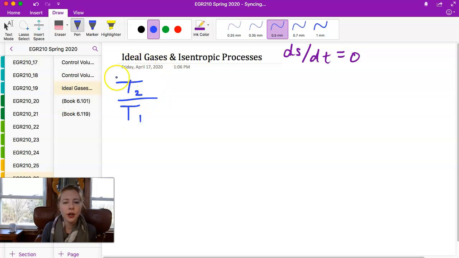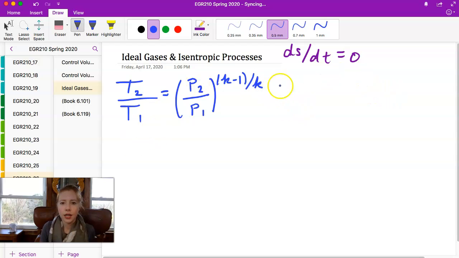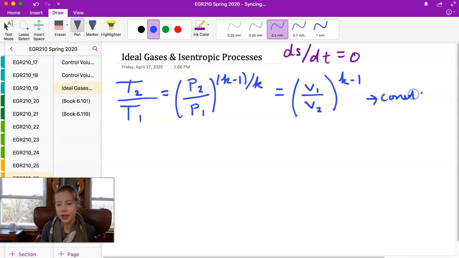So remember, these T's are absolute temperature scales, so either Kelvin or degrees Rankine, is equal to the ratio of P2 over P1 to the K minus 1 over K. And that's going to be equal to the specific volume ratio, V1 over V2, raised to the power of K minus 1, where you're given some constant K for the process.